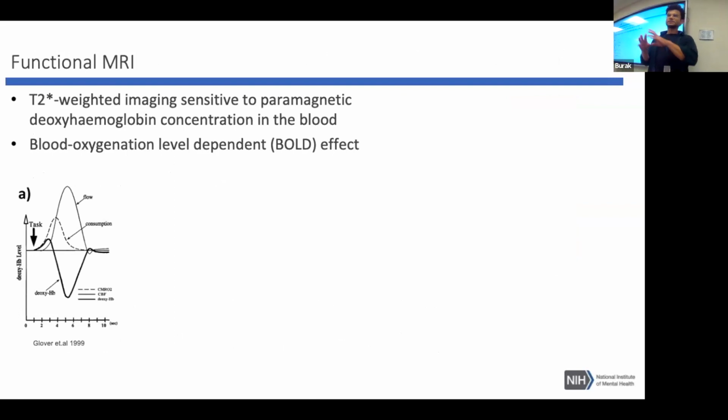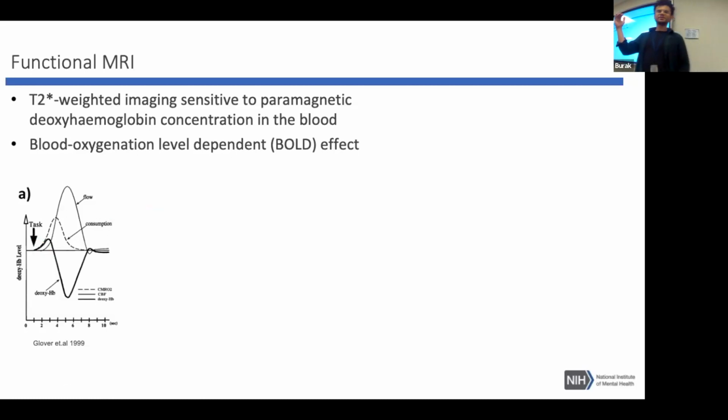If you have a task in a certain brain area, the neurons start to consume oxygen, you see a dotted line there as consumption, and the surrounding blood becomes deoxygenated. That's actually what we're measuring.